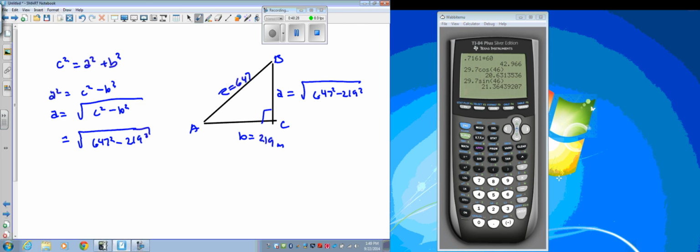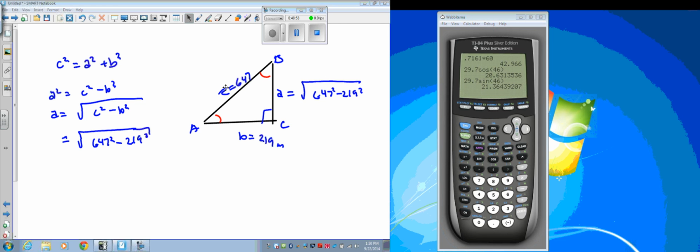Now I have to calculate this and this. So if I'm doing this angle, what trig function am I going to use? The cosine, because it's adjacent over hypotenuse. If I'm calculating this angle, what am I going to use? Sine, because it's opposite over hypotenuse.